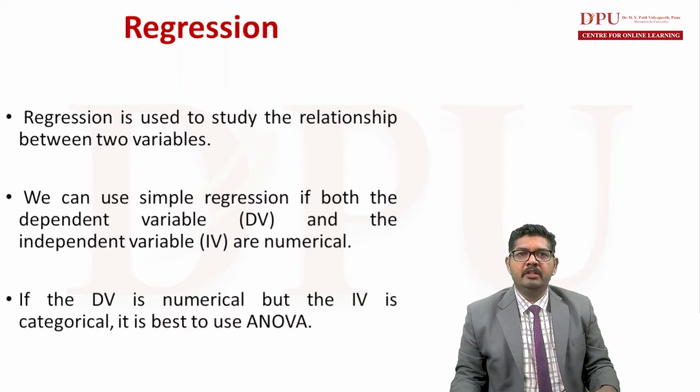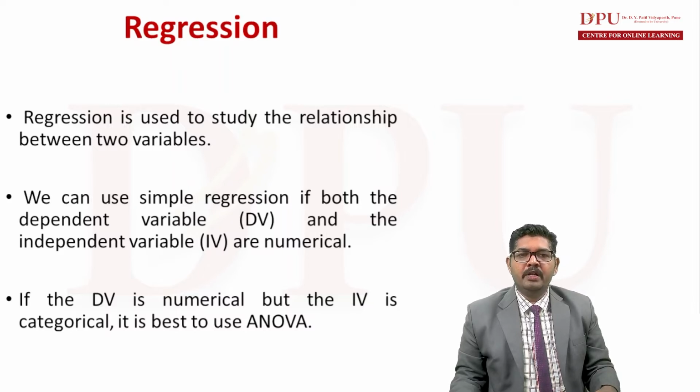Now in regression we deal with two variables. So regression can be bivariate, or it can be multivariate when we deal with more than two variables. When we deal with two variables, it is known as simple regression, and when we deal with more than two variables, it will be multivariate or multiple regression.